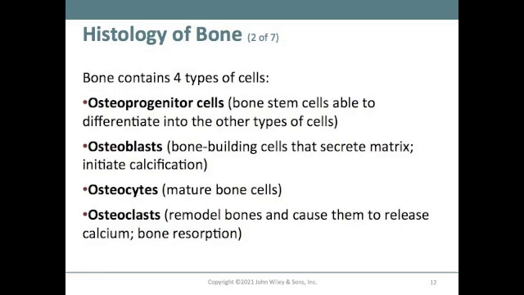We're going to talk about those in detail in a few minutes, but let me just give you a way to remember this. Osteoblast, B. B for build, osteoblasts build, and then osteoclasts, C for cut. So the osteoclasts actually will break down bone.